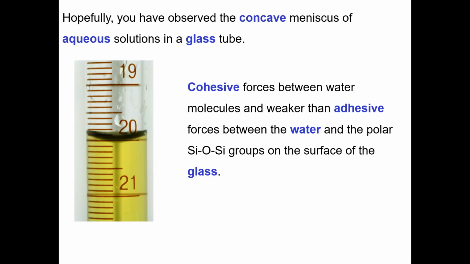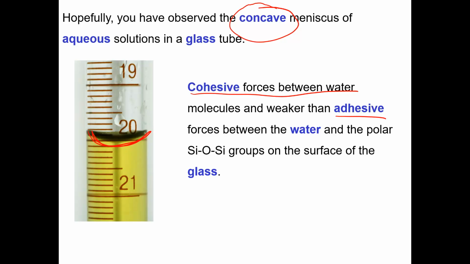You've probably observed in the lab that when we put an aqueous solution in a glass tube, it has a concave meniscus. That is, it curves downwards. Why is that happening? You have to think about the different forces acting on the water molecules, particularly those in contact with the walls of our tube. Firstly, there are cohesive forces between the water molecules, and then there are adhesive forces between the water molecules and the glass walls of our container.